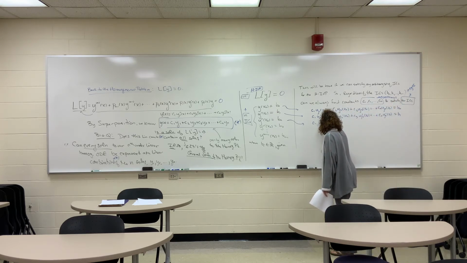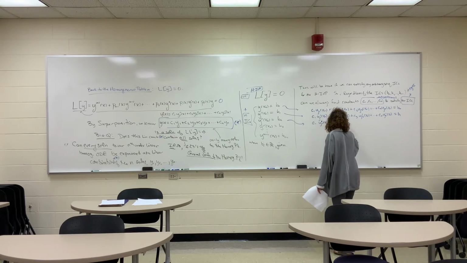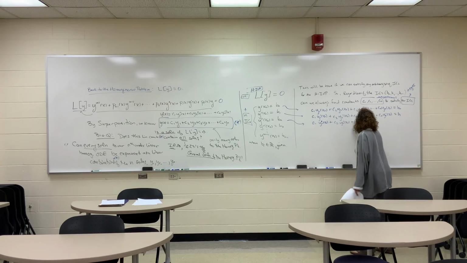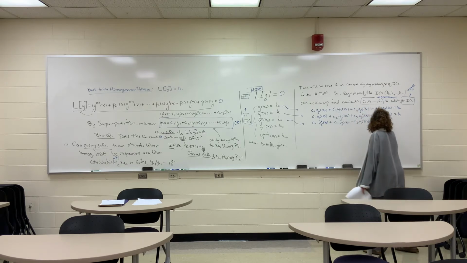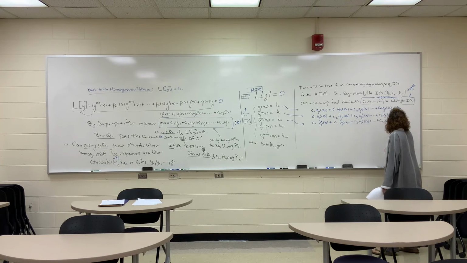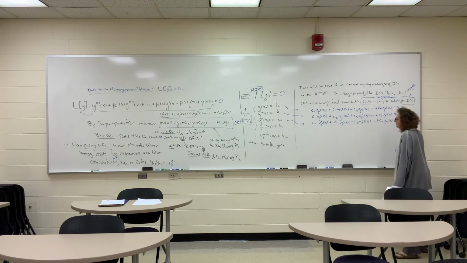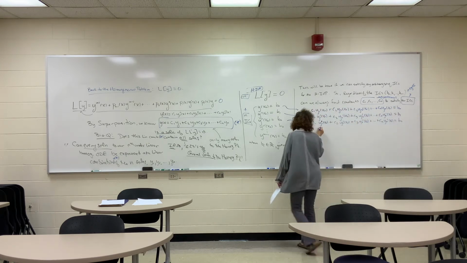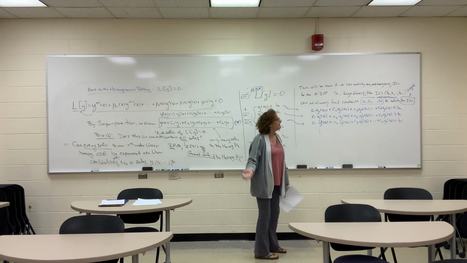We'll write down this one: c1 y1 double prime at x naught plus c2 y2 double prime at x naught plus c3 y3 double prime at x naught, out to cn yn double prime at x naught, and we want that to be equal to b2. And that's going to continue on and on until we get down to the last equation.